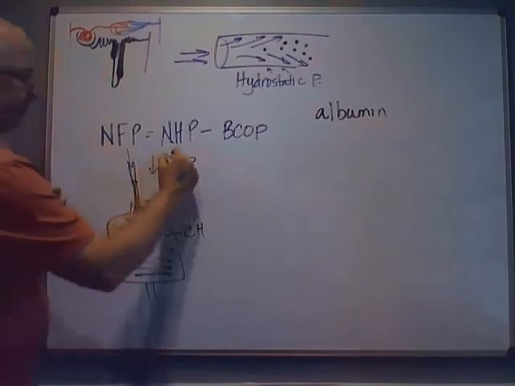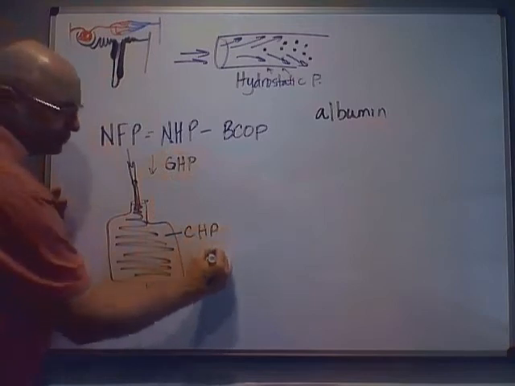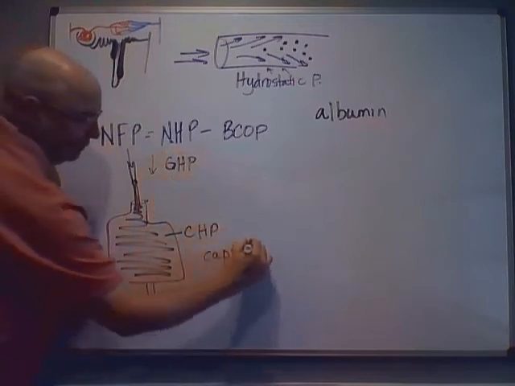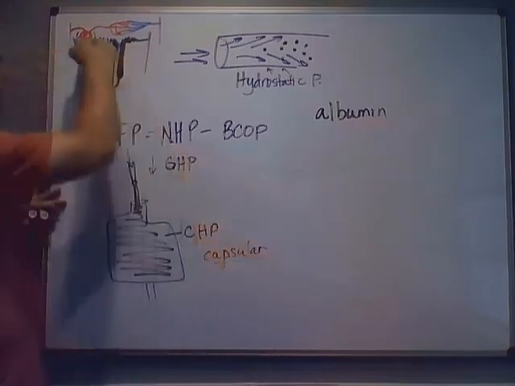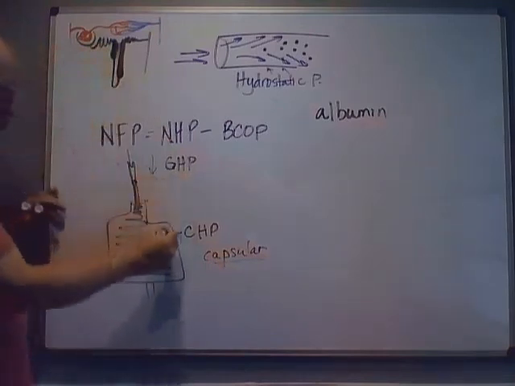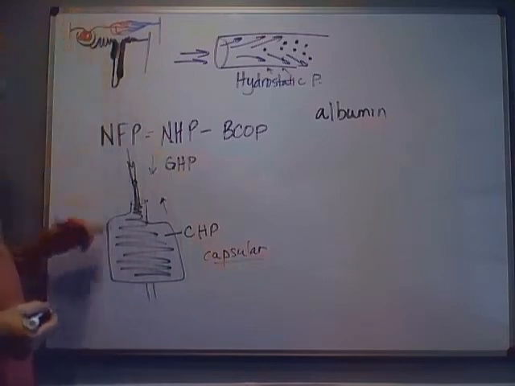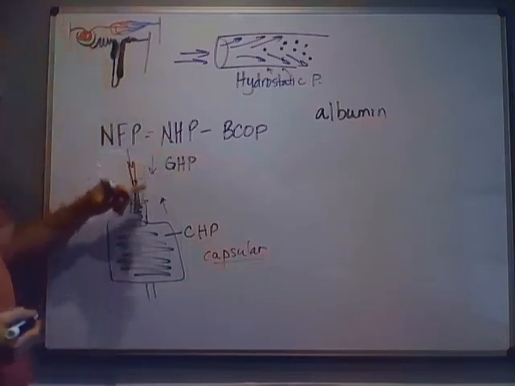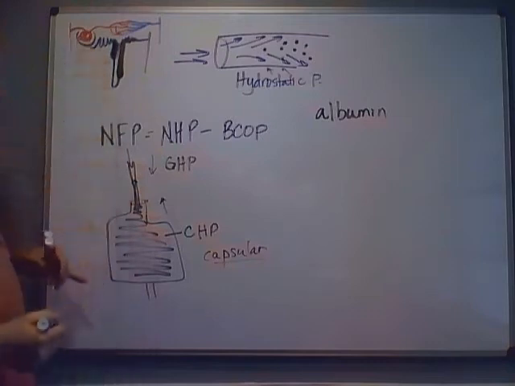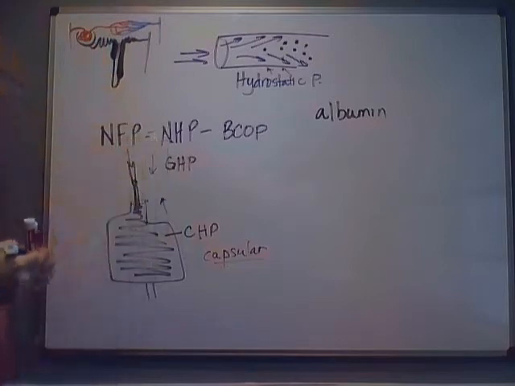Yeah, it's the glomerular hydrostatic pressure, and this is the capsular hydrostatic pressure, not capillary, because that's the pressure inside the Bowman's capsule, outside the blood vessel. If these two pressures are equal, I'm not going to filter anything. I need my glomerular hydrostatic pressure to be greater than the pressure in the capsule so that I'm forcing fluid into here. So that's how we develop what's called the net hydrostatic pressure.